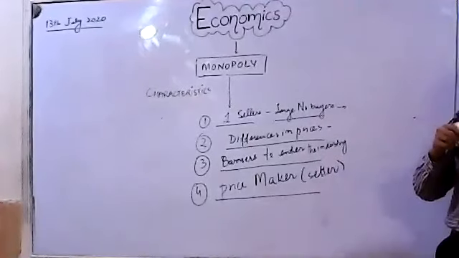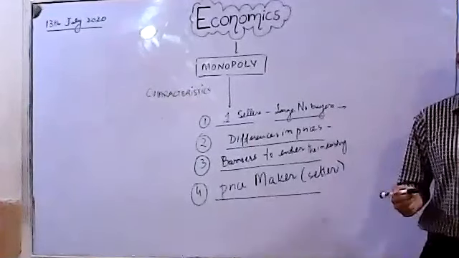So he can set the price of his own choice. But how will he do that? Because he is the only one in the market, definitely he can. How he would do that is part of our discussion coming up right after the characteristics.